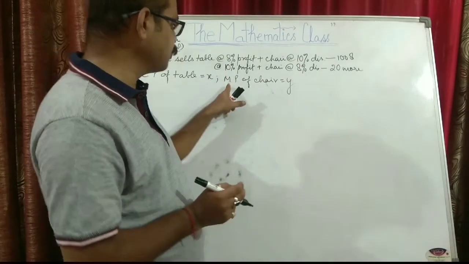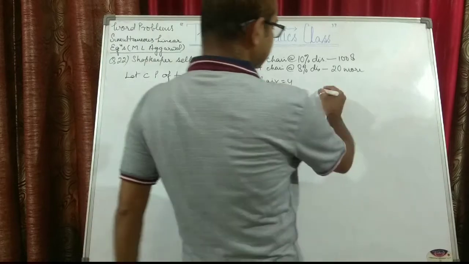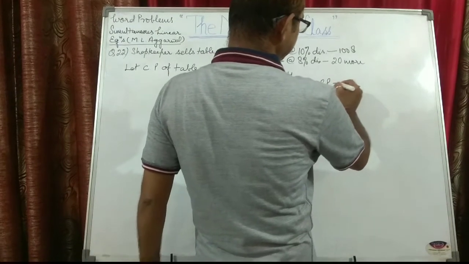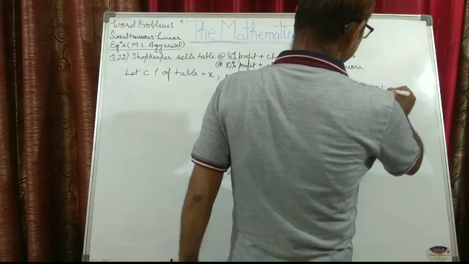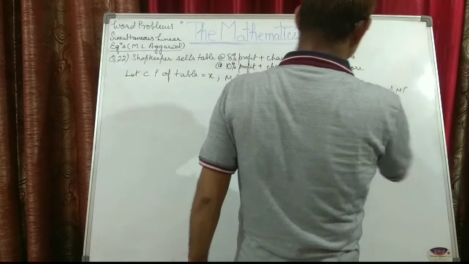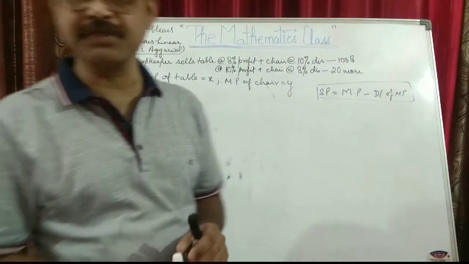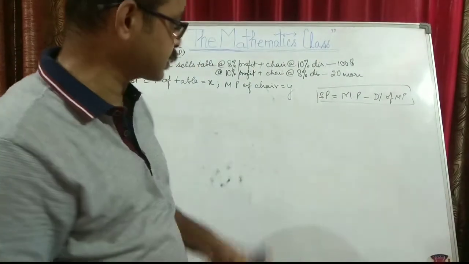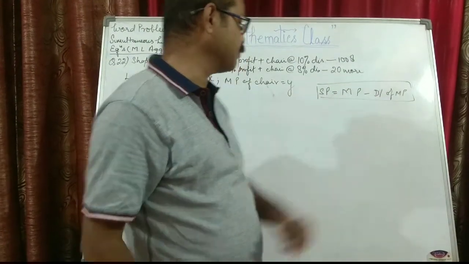That is why we have assumed mark price of chair is Y. We know that selling price is equal to marked price minus discount percent of mark price. This is the formula that you must have studied in class 8, and we are going to use this. Selling price is mark price minus discount percent of mark price.